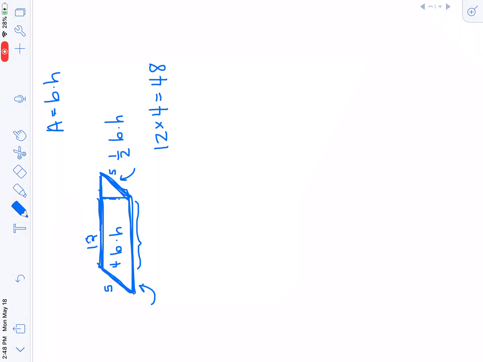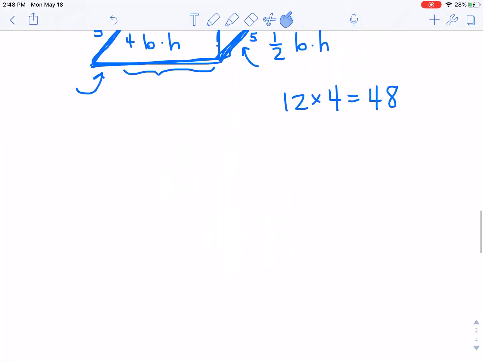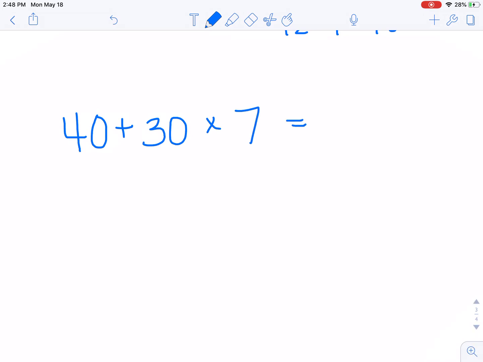So just remember that when you are doing perimeter and area. There's also a whole big section, turning this back over this way, on parentheses, all right? So if I had 40 plus 30 times 7, and I said it's going to equal 490.